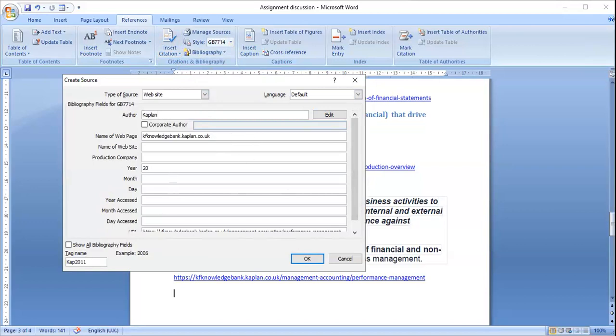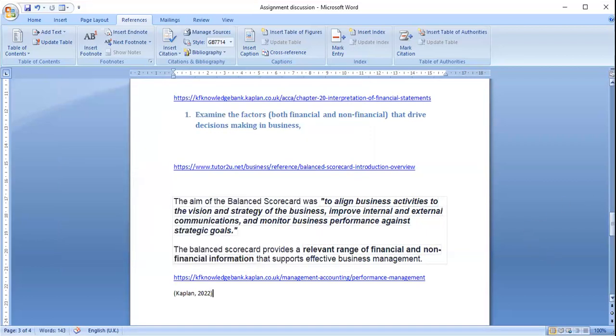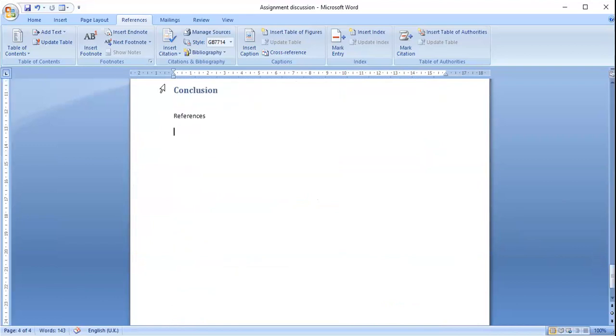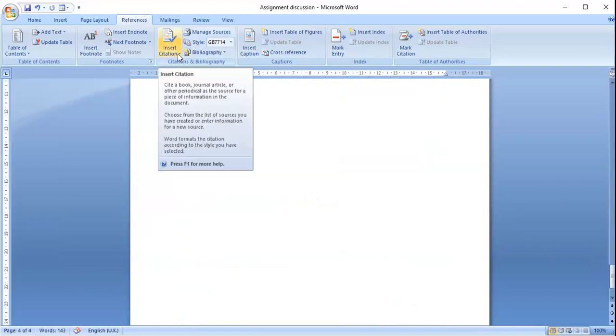If you don't know when that information was published, just put the last year, and this year is when you accessed the website. That's the way you carry on giving the reference. Please follow the Harvard reference flow.